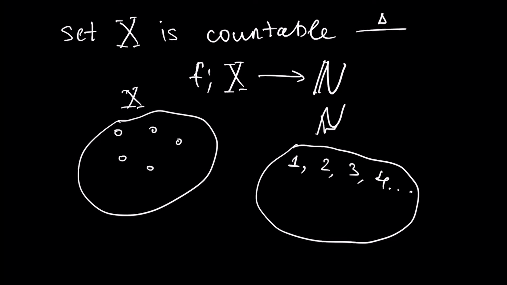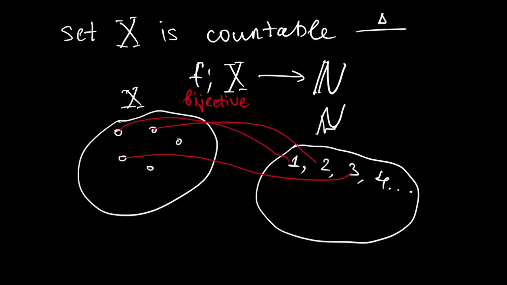I have to say that this f must be bijective. This is a one-to-one correspondence. So we can map the first element into 1, the second element into 2, third element into 3, the fourth element into 4, and so on. In other words, we can count elements 1, 2, 3, 4, 5, and so on, elements of X. In this case, X is called a countable set.